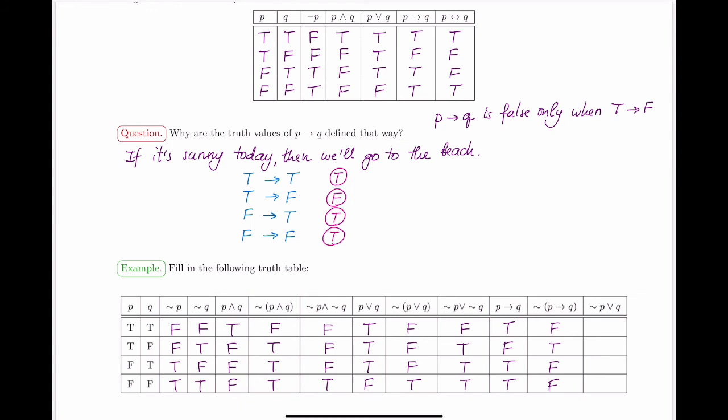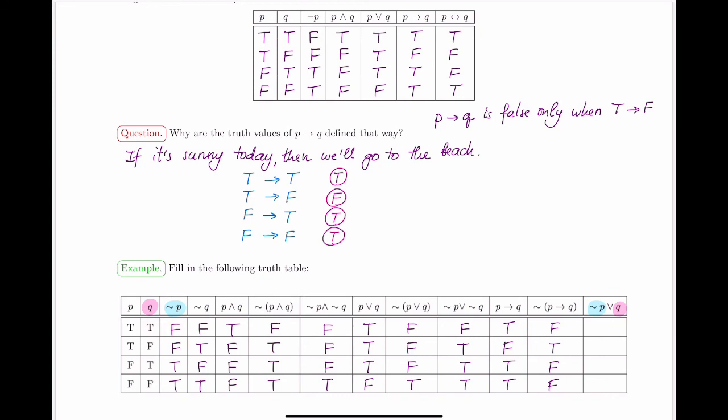So just like we've done before, I'm going to have to look at the column for not P, and then I have to look at the column for Q. And I'm going to have to connect the two of them with the operation of or. So not P, false, or Q, which is true.